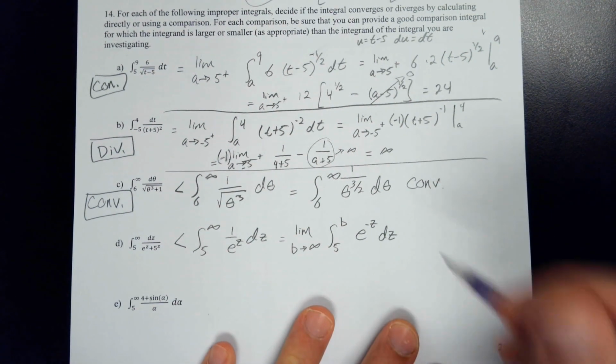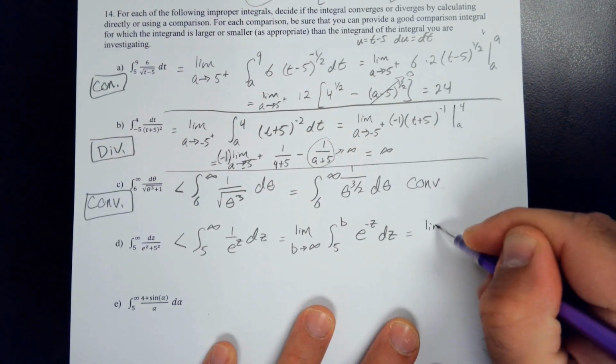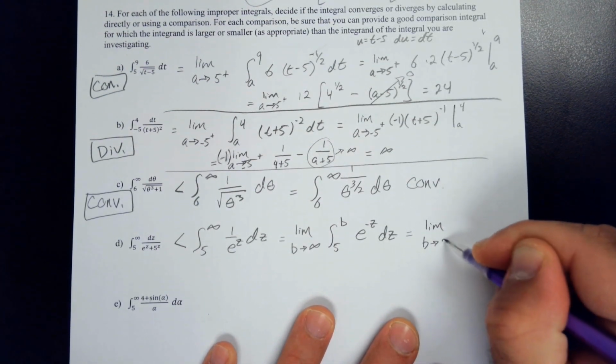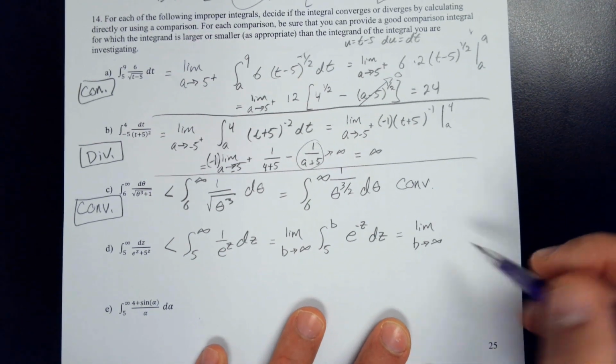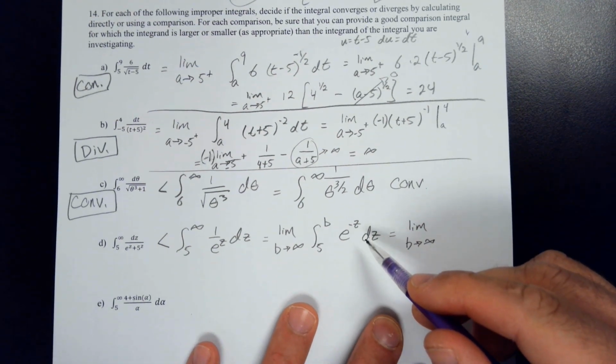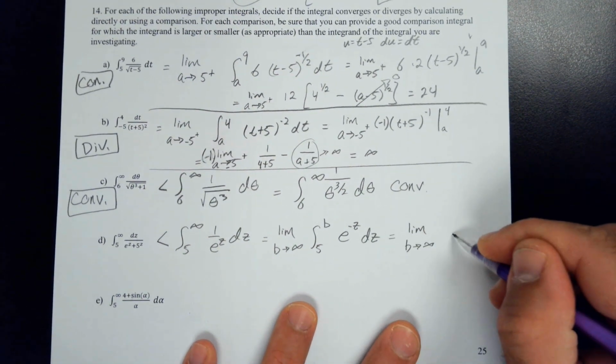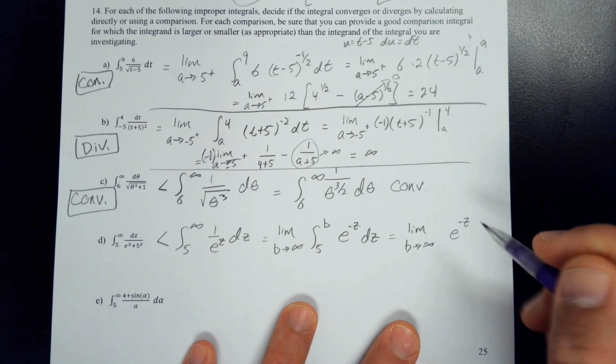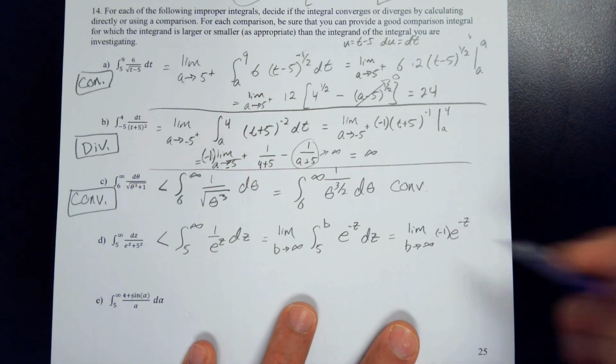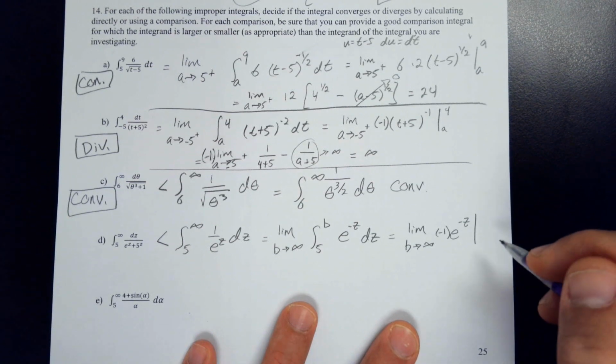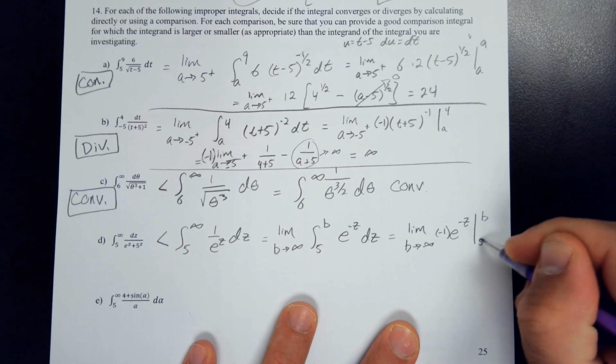This is one of our easiest integrals. This is the limit as b approaches infinity. The integral of e to the z is e to the z, but the integral of e to the negative z is e to the negative z. I just have to remember to divide by -1 or multiply by -1. And then I'm going to evaluate this from b to 5.